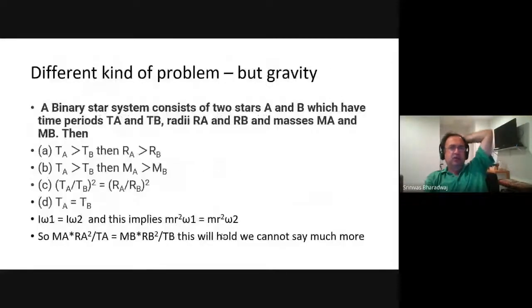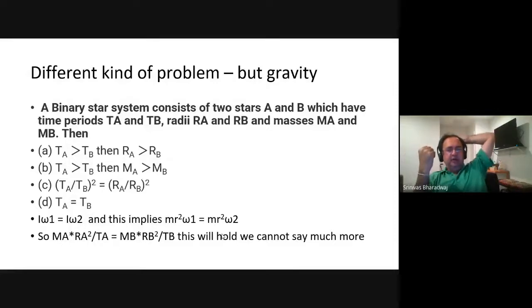Okay, so now a binary star system consists of two stars A and B which have periods TA and TB, right? So in this case, what can you say? In this case, the angular momentum is conserved, right? So what does that mean?